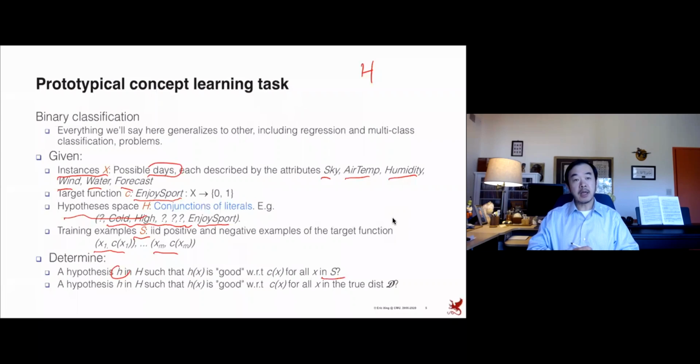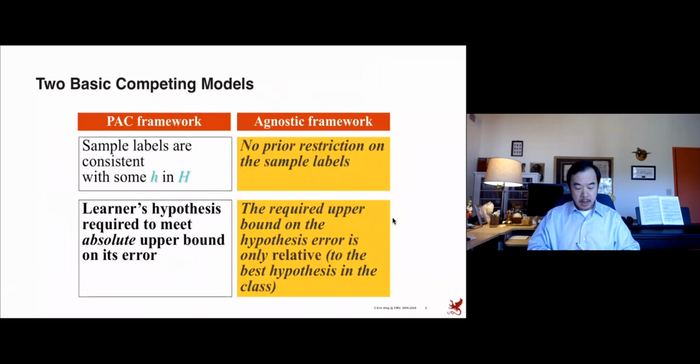But that's not our goal, because we want to use this for our testing examples. Therefore, we also need to characterize how good this H is on all data coming from some distribution D. So that's the whole setup of our analysis.